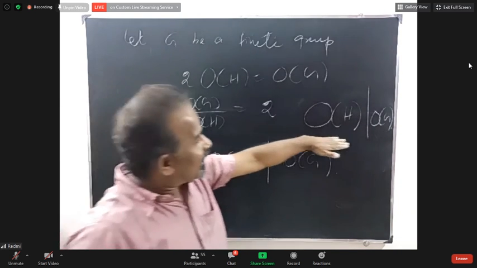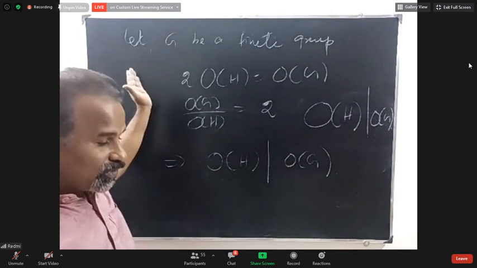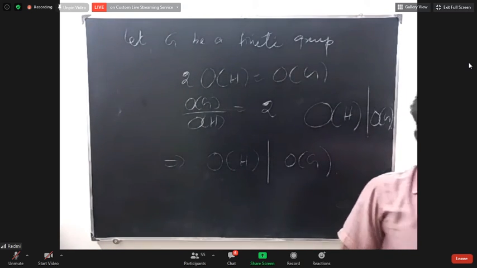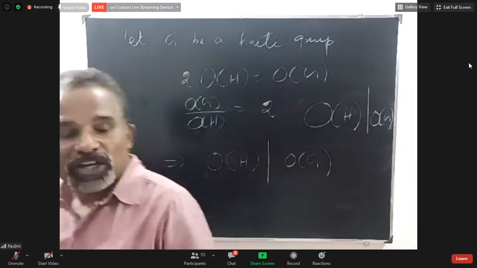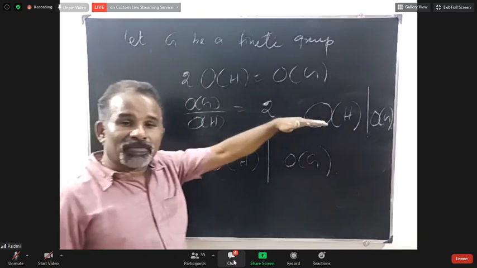For proving it we need right cosets and left cosets. Any two right cosets are either identical or distinct. I think I can stop with this.